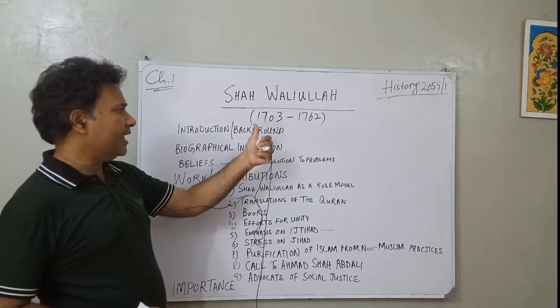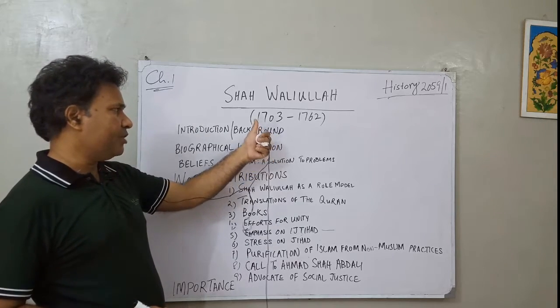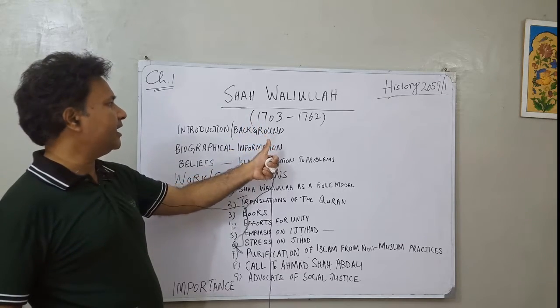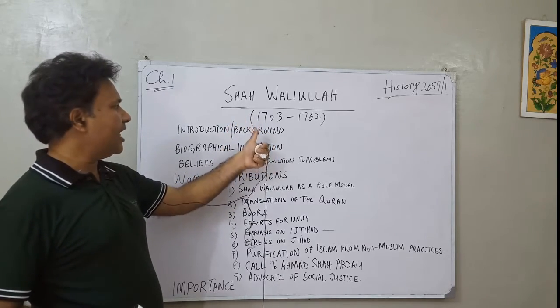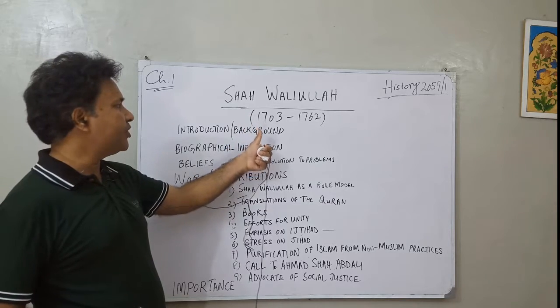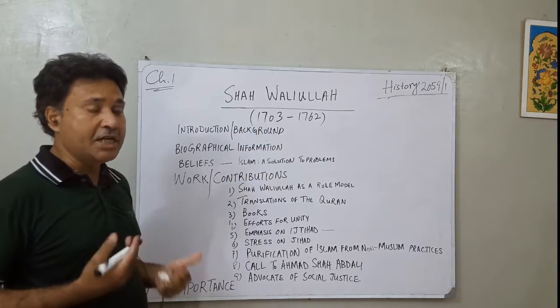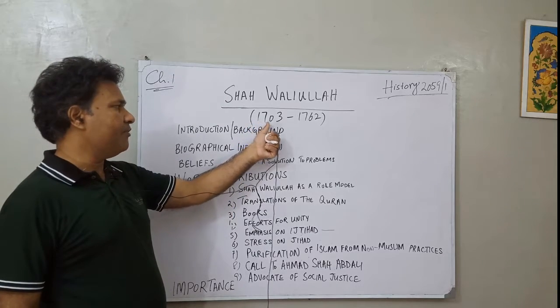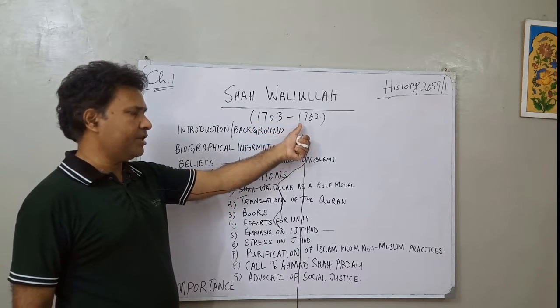One of the tips that I can share with you is that whenever you study any of these personalities, you can look at the timeline or the age in which a certain personality lived. For example, Shah Waliullah was born in the year 1703 and he died in 1762.